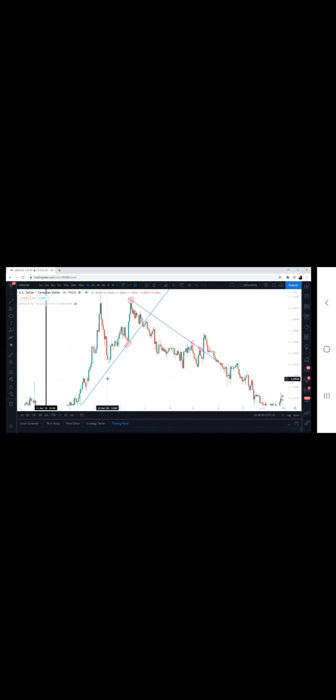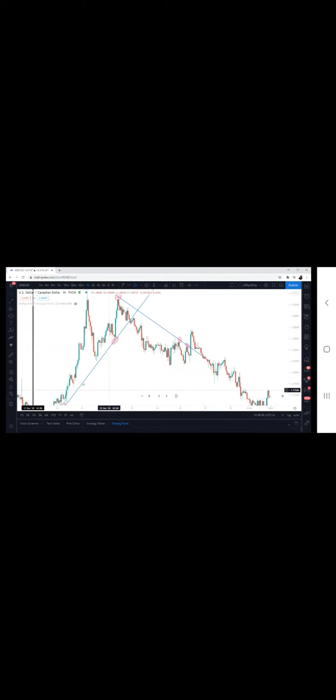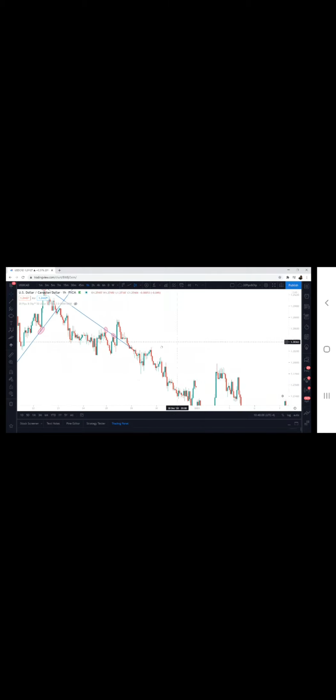Okay, so you have 3 valid touches, that's a valid trend line. You can have big trend lines, you can have small trend lines, you can draw trend lines on any time frame, okay? All right, when the market was moving up, you had a trend line here for the market moving up. All right, here are the valid touches for that one.